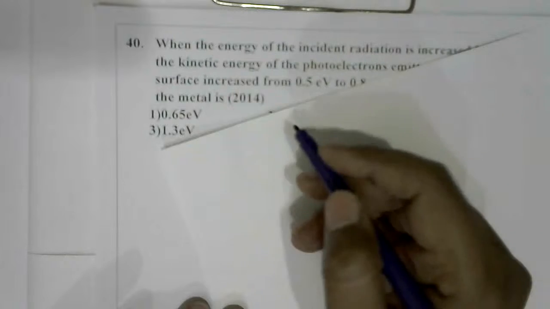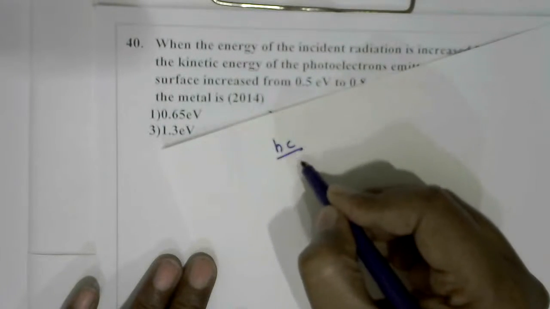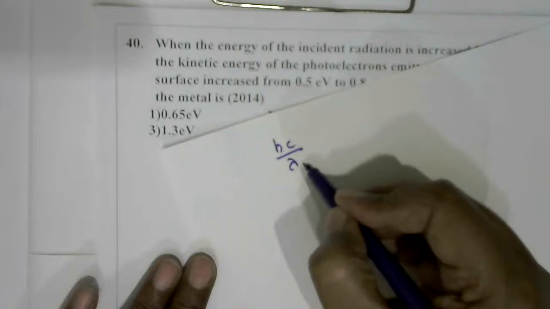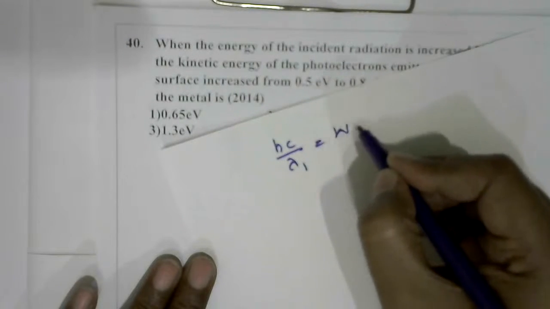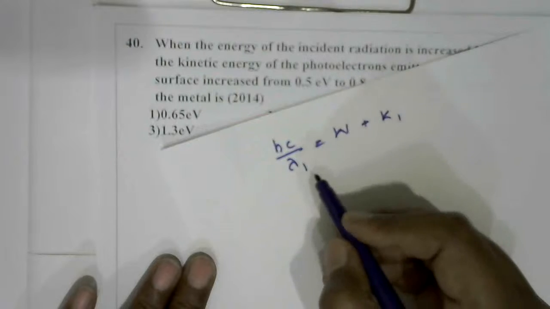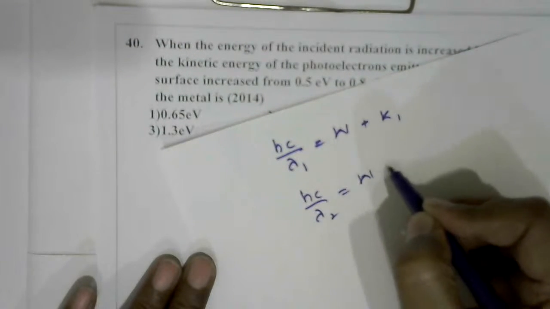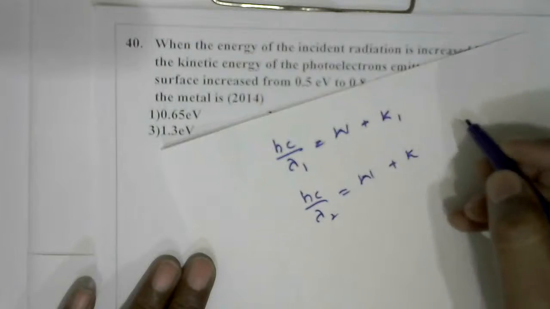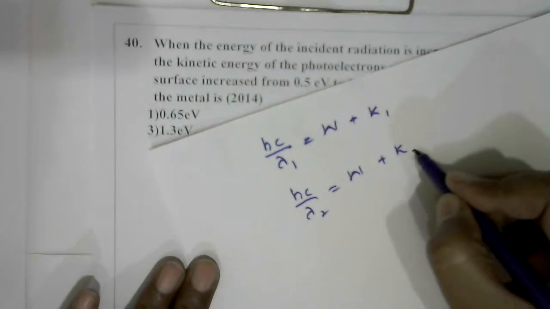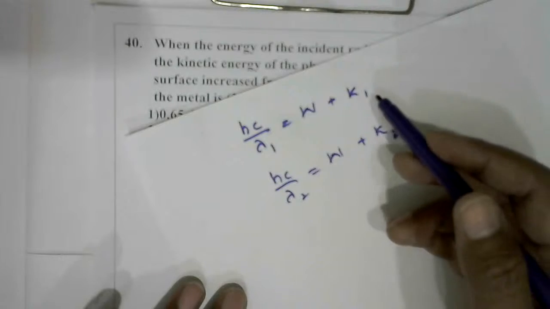Because if they ask you the things, two situations you have to take: simply Hc by lambda 1 equal to work function plus the kinetic energy 1. Then again Hc by lambda 2 equal to work function plus kinetic energy 2. Then you have to make it the equation.